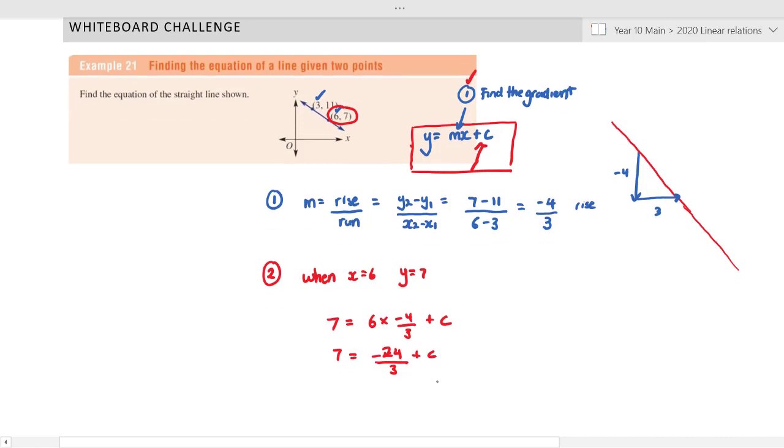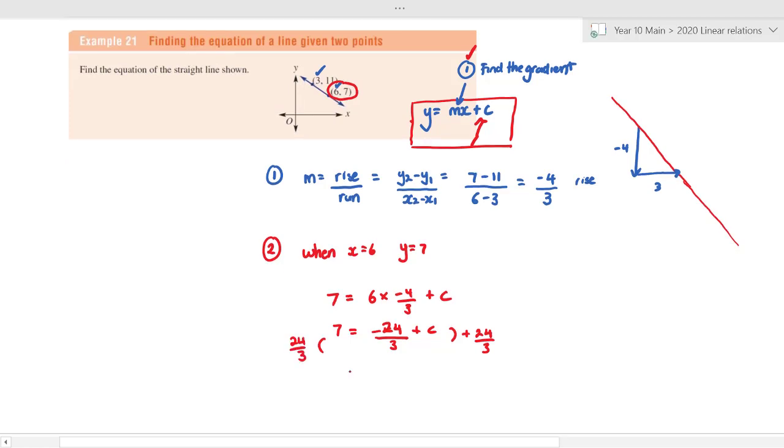Now remember, this is not all divided by 3. We're subtracting 24 over 3. So really, what's the opposite of subtracting 24 over 3 as a fraction? Yes, we want to add 24 over 3 to both sides. Now, I know that's more confusing because it's not a whole number, but if I have 7 plus 24 on 3, let's bring this together as a fraction.